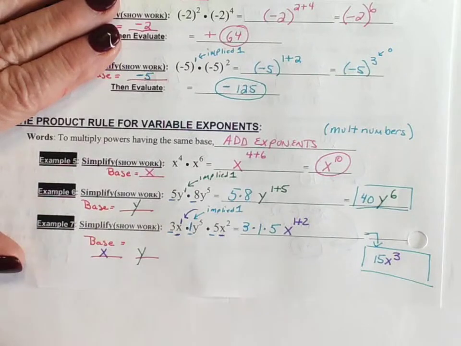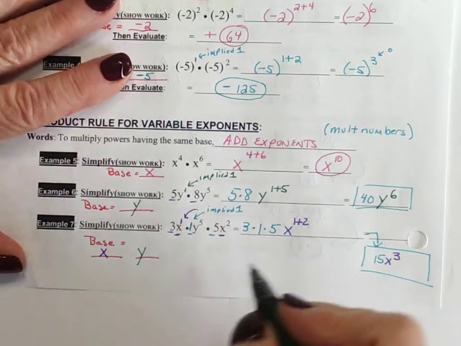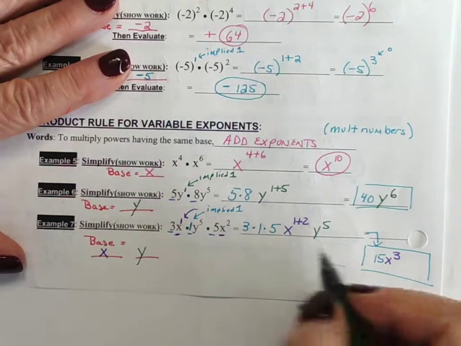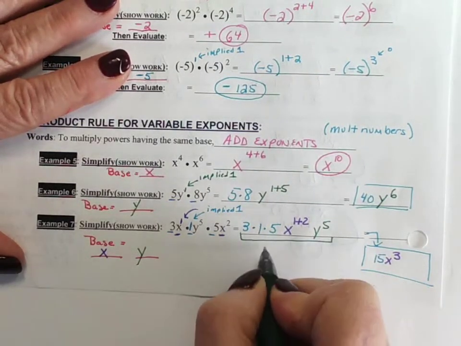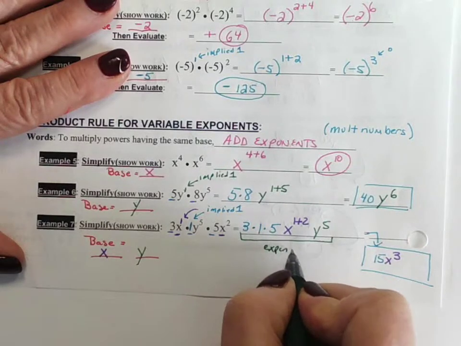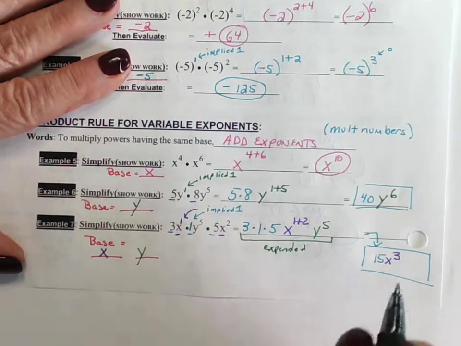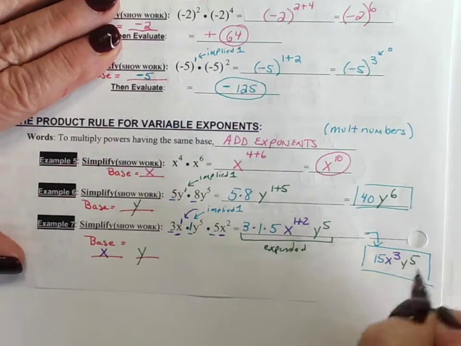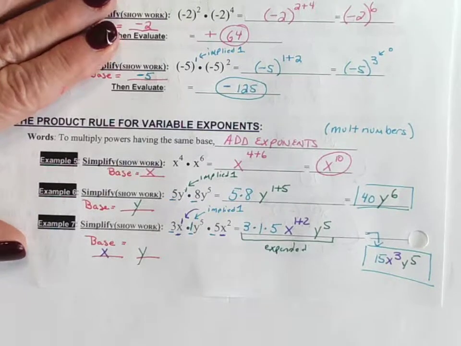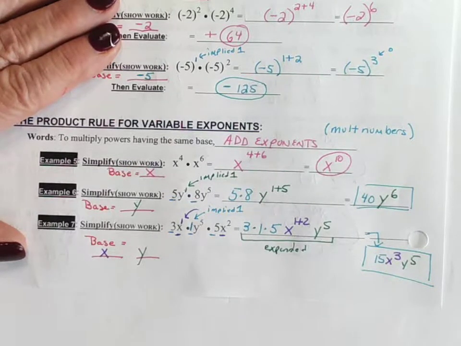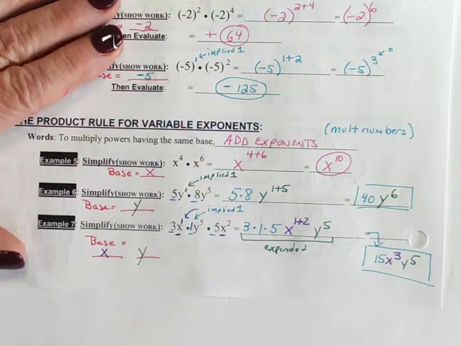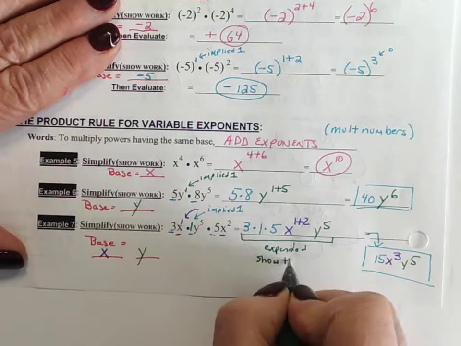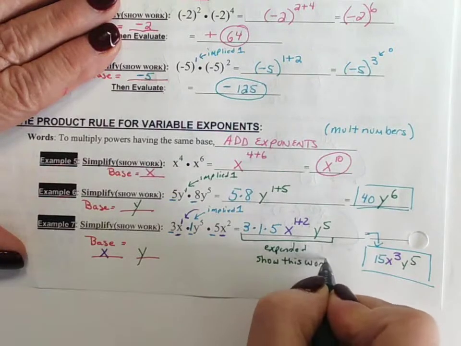But there's nothing for y to be combined with, so we have y to the fifth. Okay, so this is expanded. And so we get y to the fifth, and that's our final answer. Okay, you have to show this work.